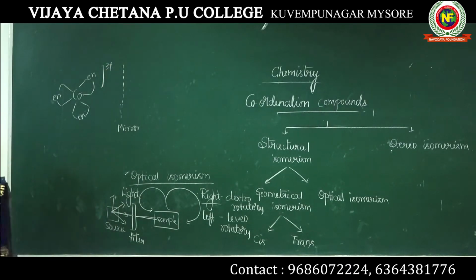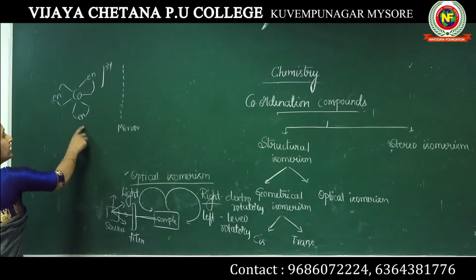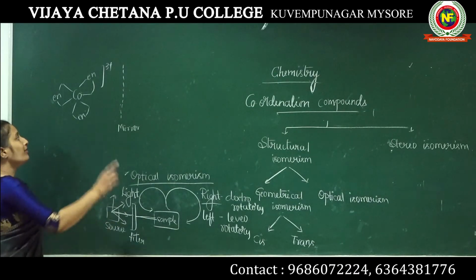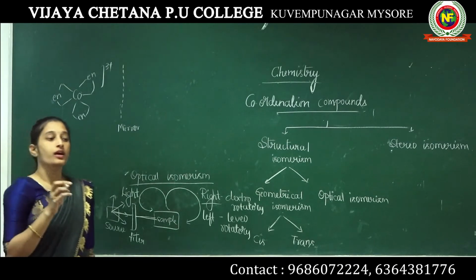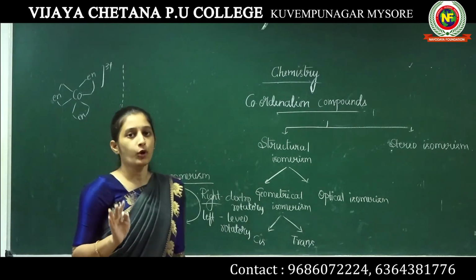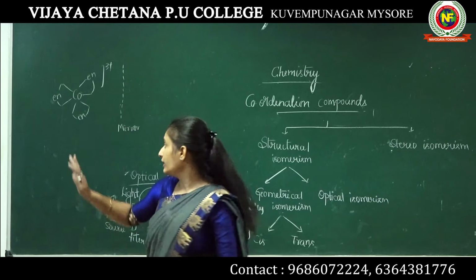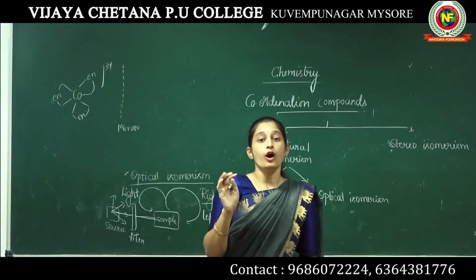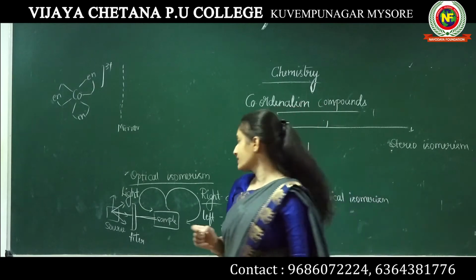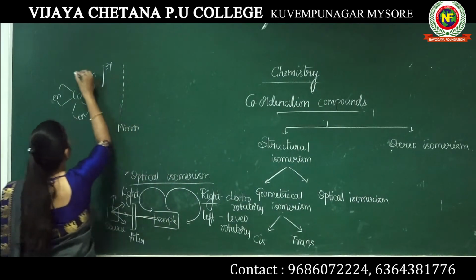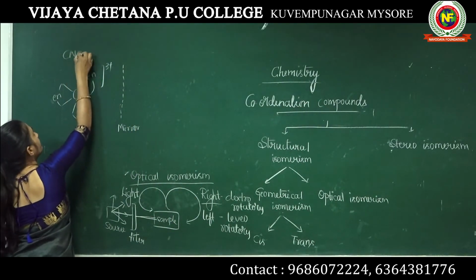See, try to understand. This is one particular example. Central metal atom is cobalt. The surrounding ligands are all the same, a homoleptic complex. And one more thing, optical isomerism is very common in coordination number 6.